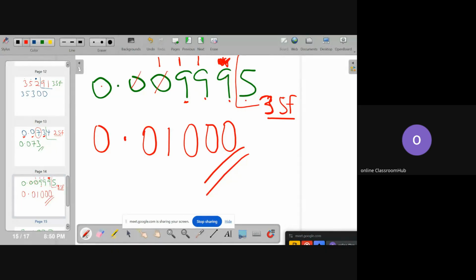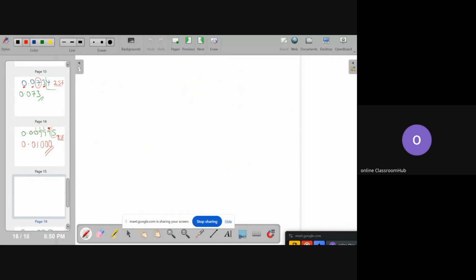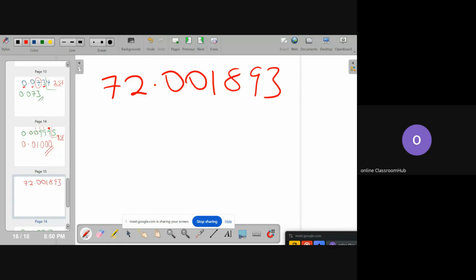Now, let's take another example. If you have 72.001893, we want 4 significant figures. You ask yourself, what is my first SF?